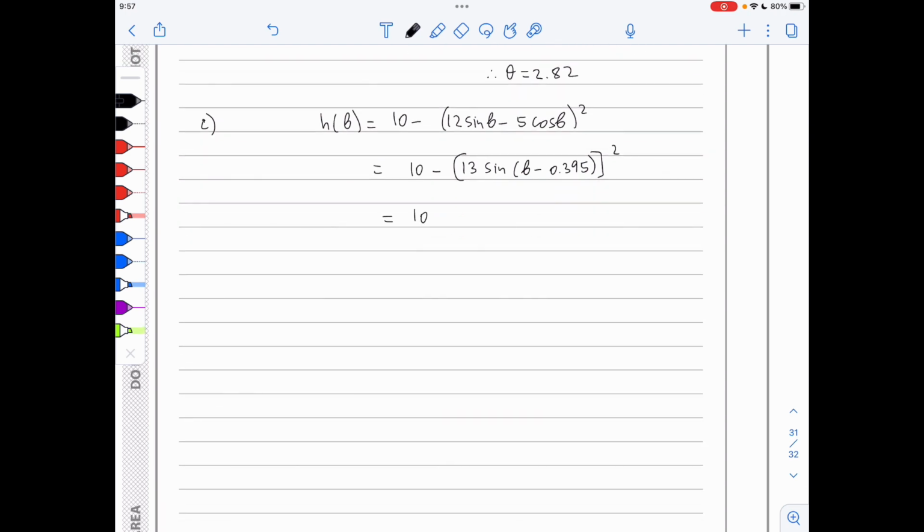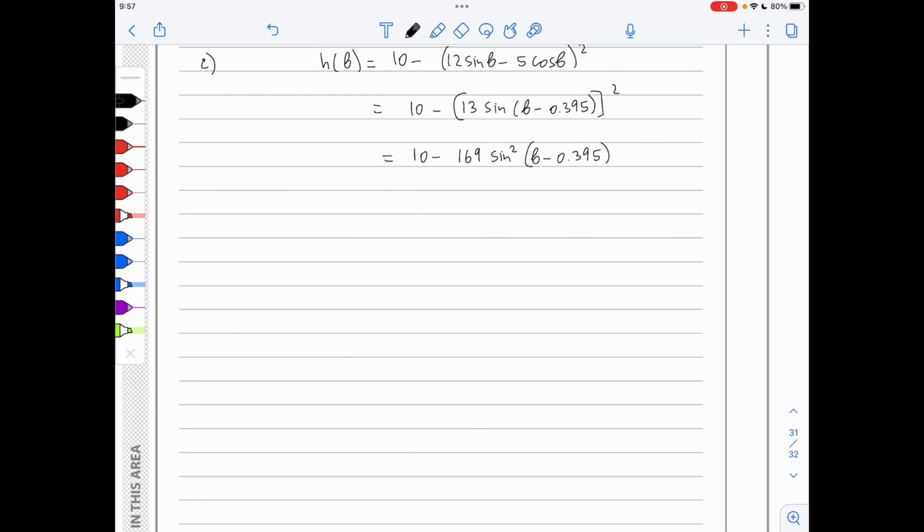We've got 10 - 169 sin²(θ - 0.395). And we do know that the sine squared of any angle must be varying between 0 and 1. It cannot be negative because it's something squared. It cannot go beyond 1. So if I multiply by -169, that means that -169 sin²(θ - 0.395) will be between -169 and 0.